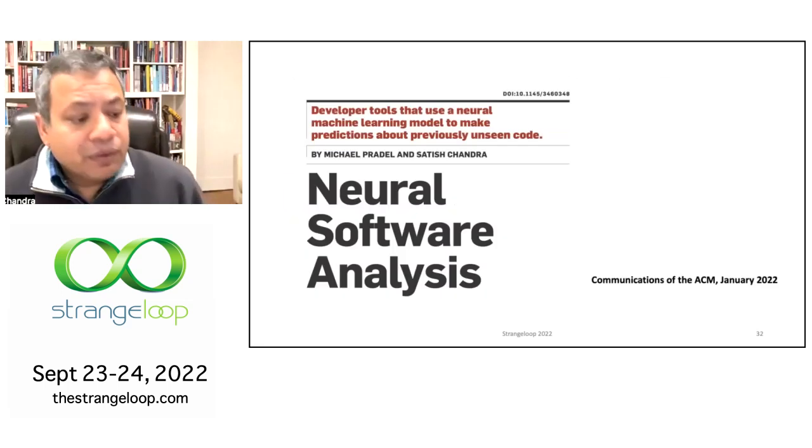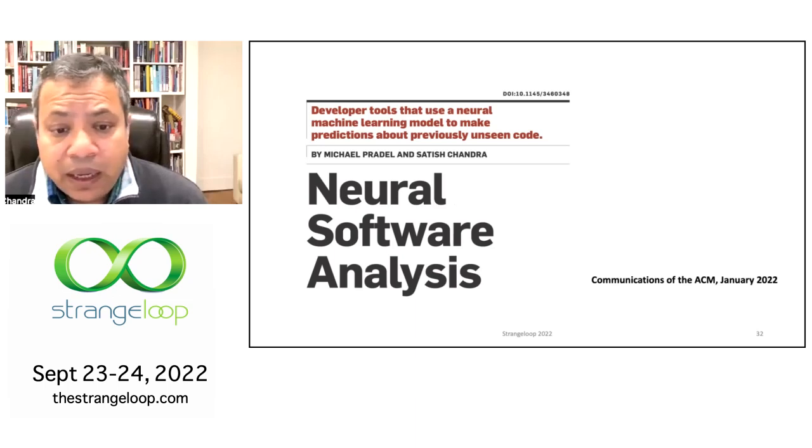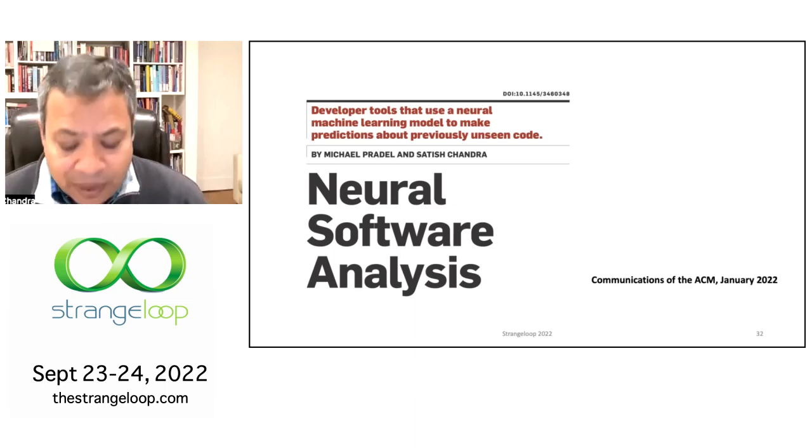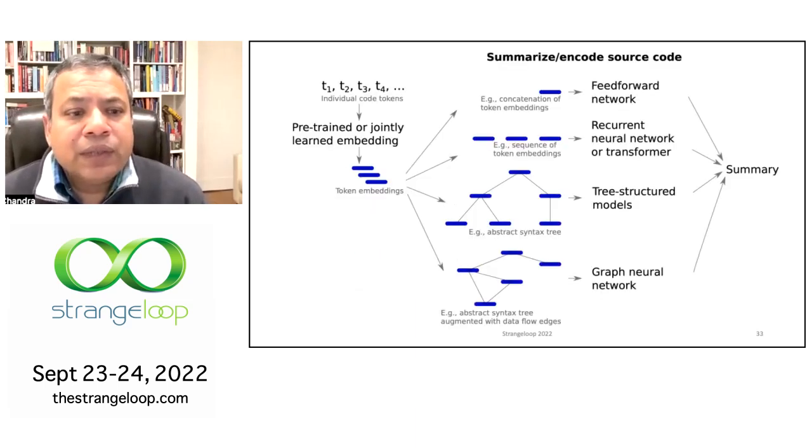Okay, so this was autocomplete, but neural networks have been used for other kinds of software analyses. We put together this article in the Communications of the ACM magazine earlier this year. You might want to look at it. I want to just mention a few ideas from here.